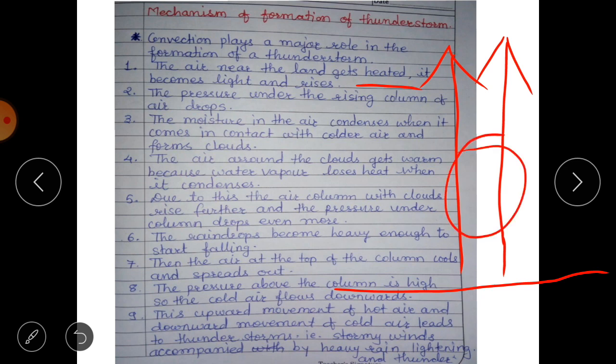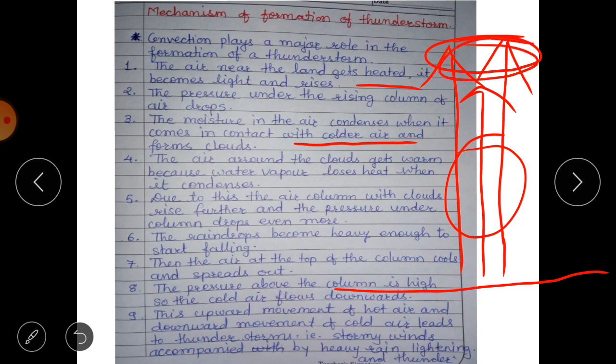Then what happens, the moisture in the air condenses when it comes in contact with the colder air and forms cloud. When this air rises up, it carries moisture, and when it comes in contact with the colder air up here, it forms clouds by the process of condensation.